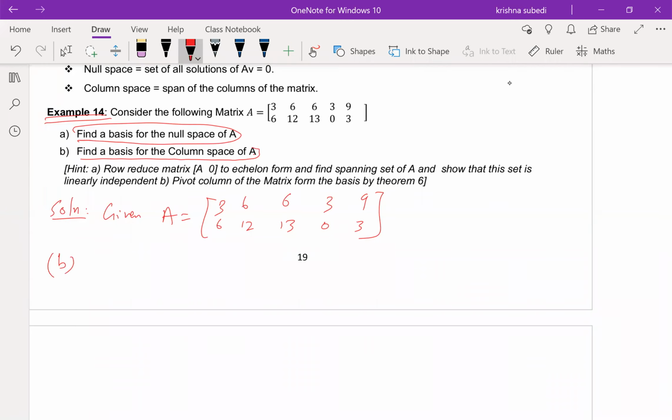Part B first. Okay, first you need to change it into echelon form, because our goal is to check what the pivot columns are. Guys, I want you to change this into echelon form and let me know.